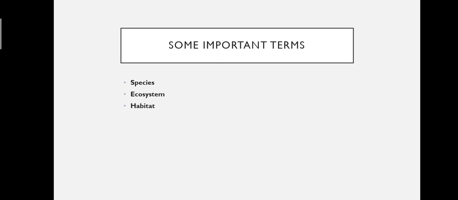Living things come in the category of biotic component, and non-living things come in the category of abiotic component.